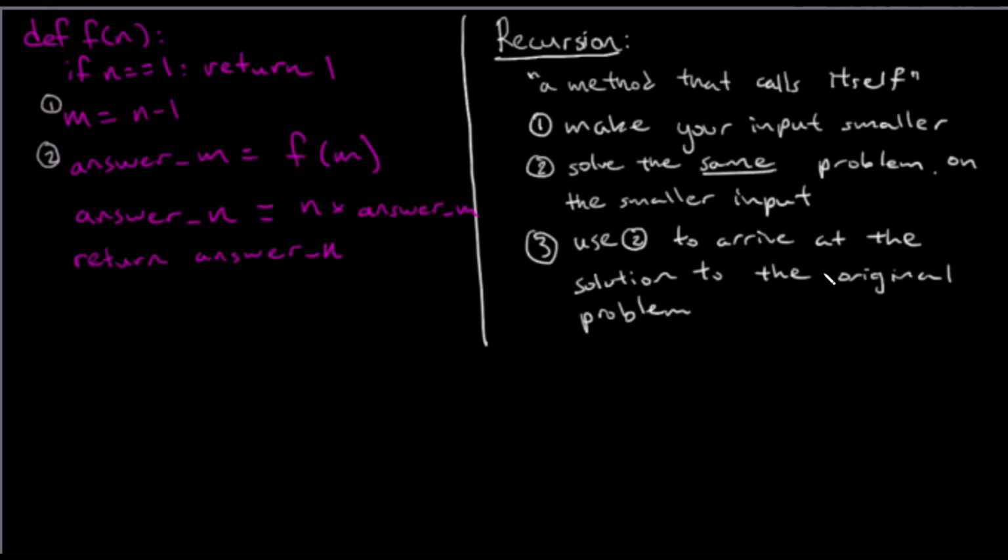And then this third step is to use our answer here, this answer m, to arrive at the solution to the original problem. So that corresponds with multiplying our answer to the smaller problem by n. So that's in this third step right here. So that gives us our final answer, which we returned.